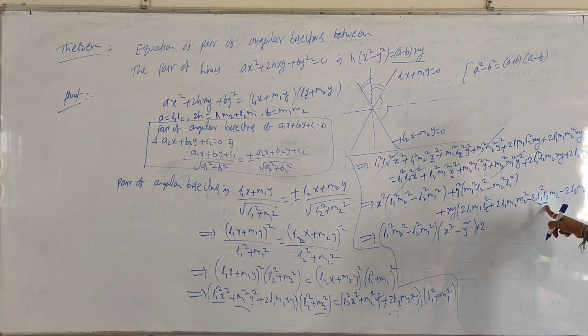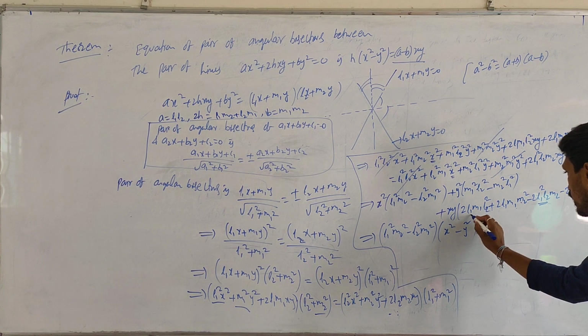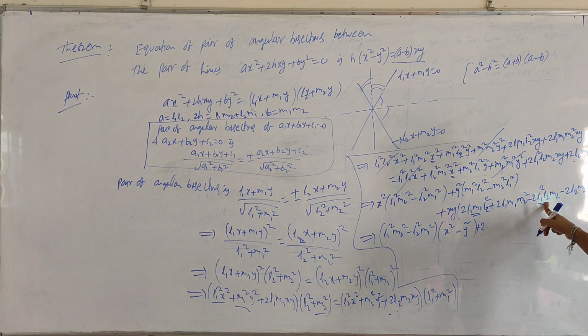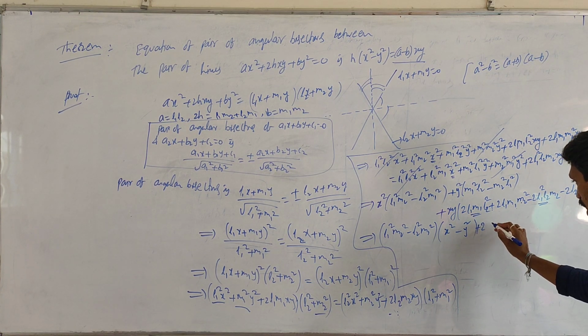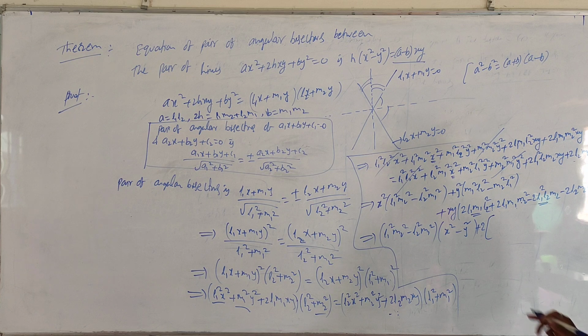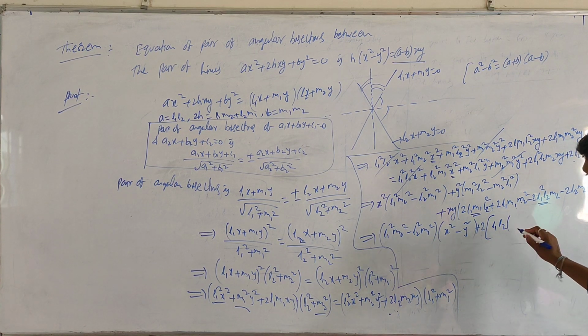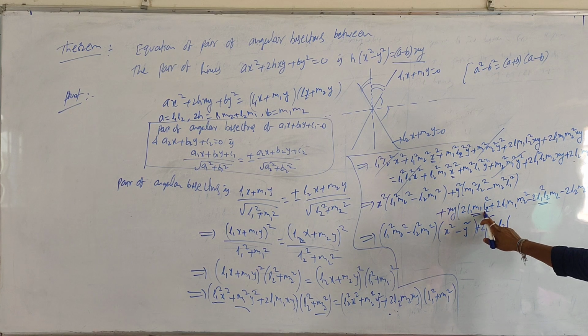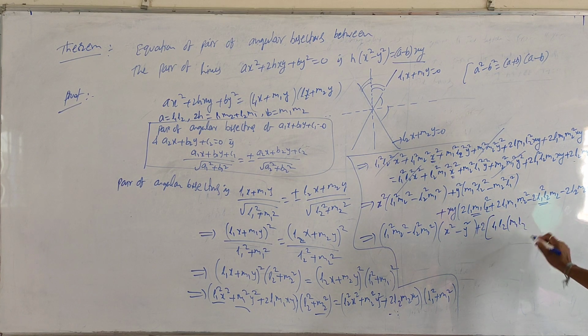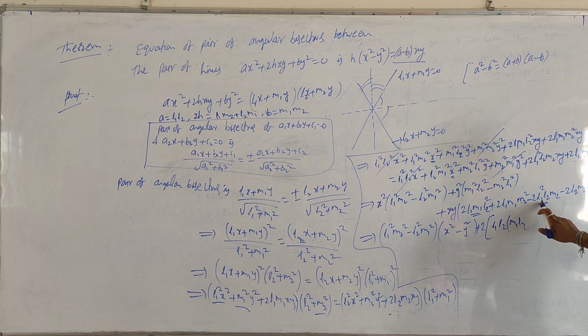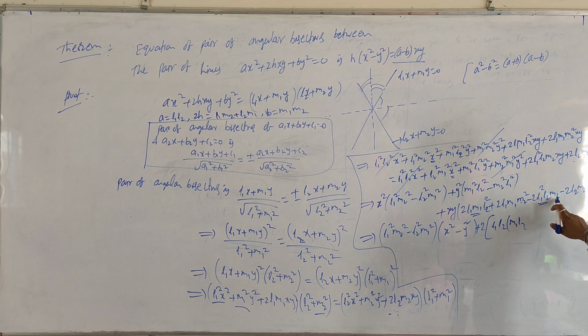So where we have L1 L2, from those two terms we have to take L1 L2 common. L1 L2 into, after taking L1 L2, M1 L2 is left out. And from here, if you take L1 L2 common, what do you have? L1 M2, so minus L1 M2.